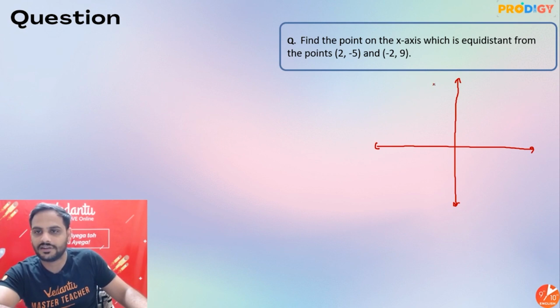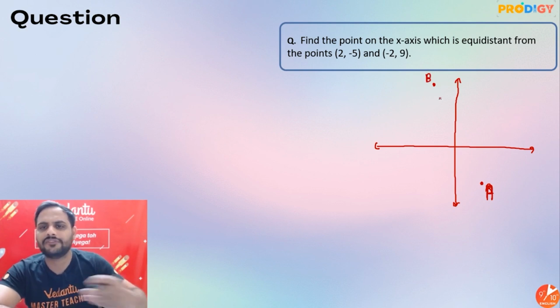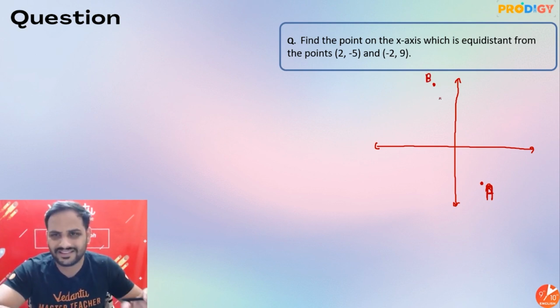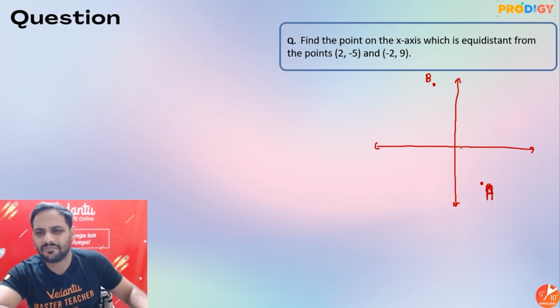All right, so let's say this is somewhere over here, and the other is x coordinate 2, y coordinate minus 5, somewhere over here. All right, so let's say this is point A and let's say this is point B. We want a point on the x-axis, some point on the x-axis.